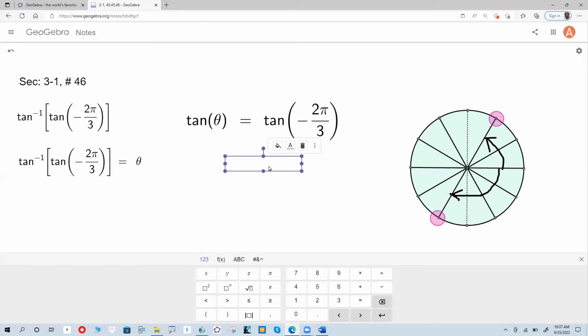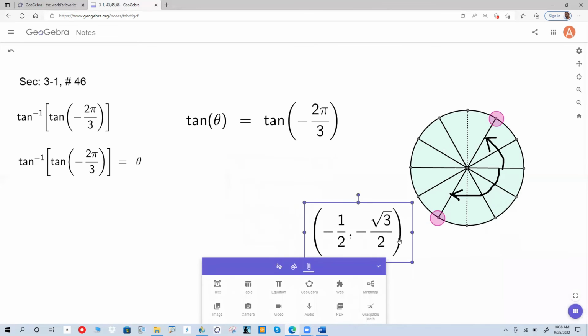And this is going to be, let's see if I can write it correctly without making a mistake, negative square root of 3 divided by 2. That's going to be the y coordinate. And the x coordinate is going to be negative half. Okay? These are the coordinates of this point.